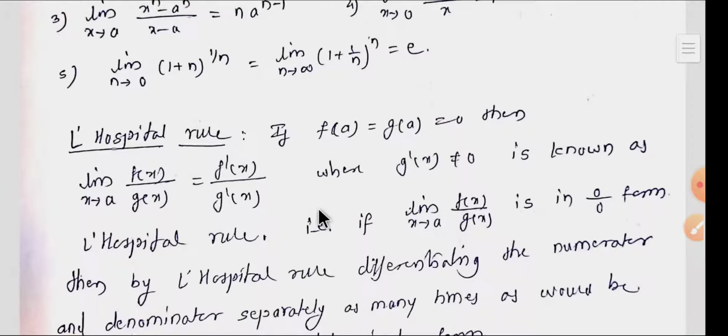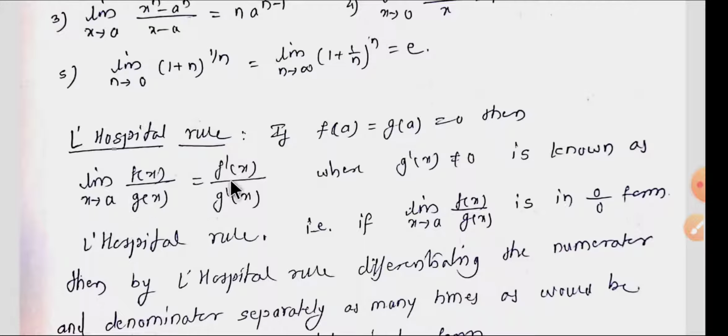So now what is L'Hospital rule? You have not studied this one, so here we first define L'Hospital rule. Suppose a given limiting function is limit of x tends to a of f of x by g of x. Whenever we substitute x equal to a, if f of a and g of a both are 0, then the given limiting form is an indeterminate form.